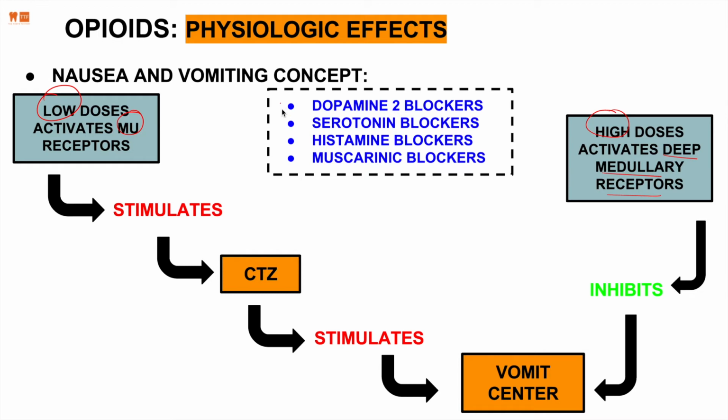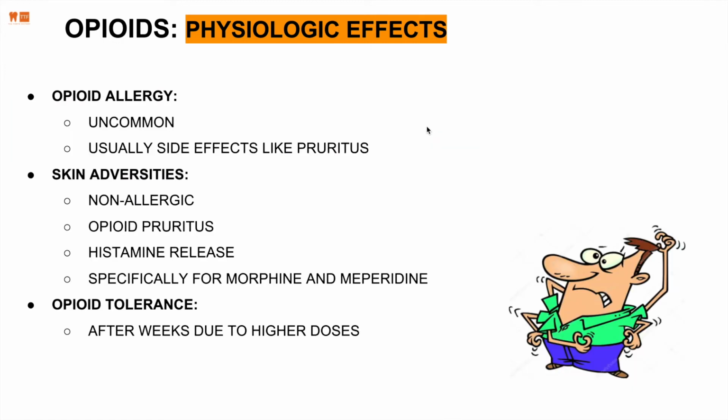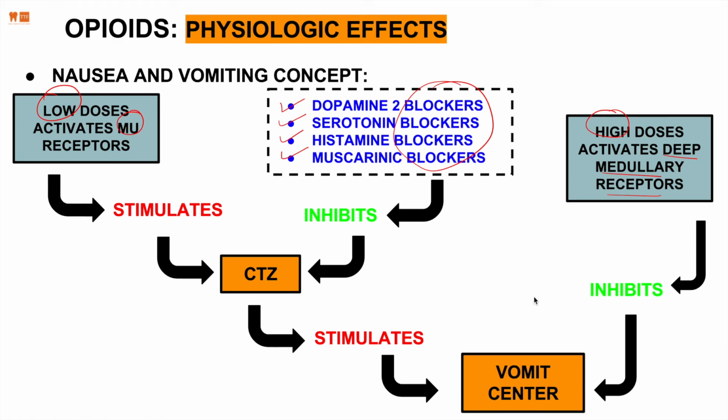We got dopamine 2, serotonin, histamine, and muscarinic. These, when blocked, will lead to the inhibition of the CTZ. Now, when CTZ is inhibited, we know that the vomit center is inhibited. I hope this concept is very clear, that low doses cause nausea and vomiting. High doses cause inhibition of vomiting.